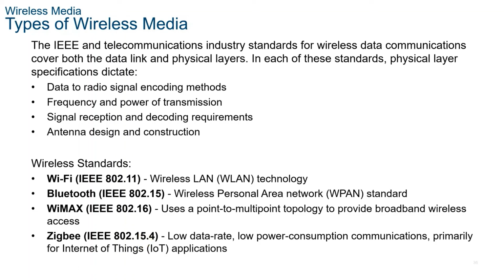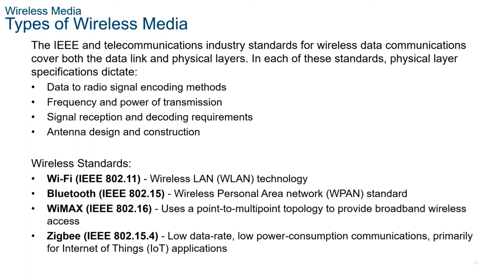All right, so let's start with Wi-Fi, or the IEEE 802.11. Wireless LAN or WLAN technology is commonly referred to as Wi-Fi. Wireless LAN uses a contention-based protocol known as Carrier Sense Multiple Access Collision Avoidance, or CSMA/CA.